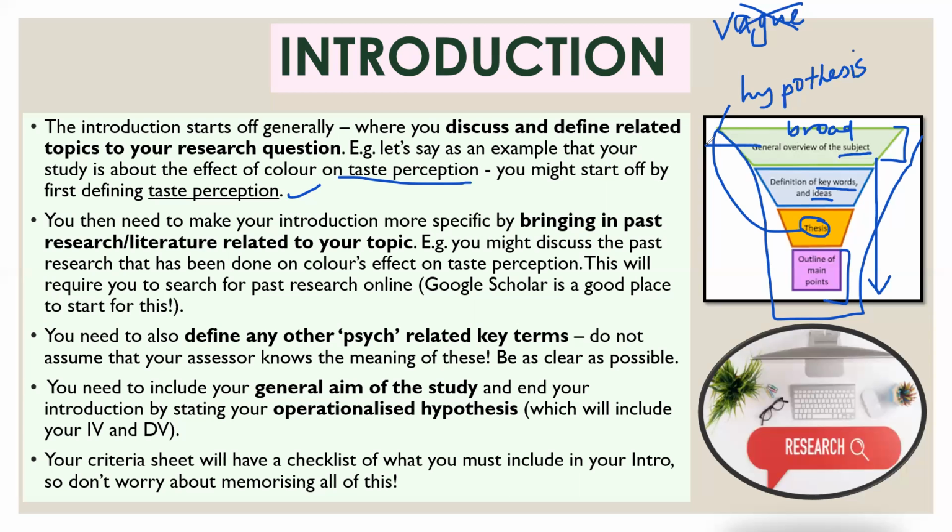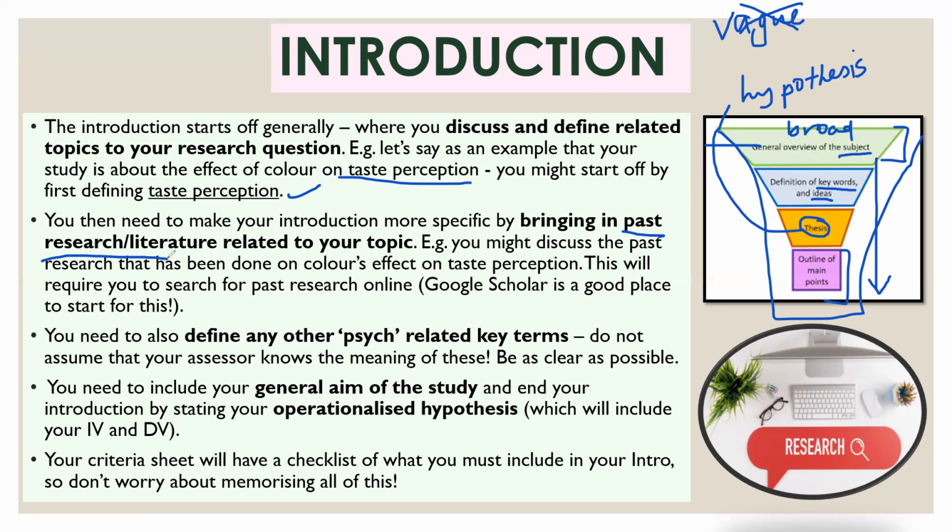You might say, different people taste things differently or have different experiences of taste. There are many factors that influence this. Then you go on to bring up your topic, whether it's color intensity or perceptual set, whatever you're talking about, you slowly go from being broad to becoming more specific. Then you start to bring in past literature.